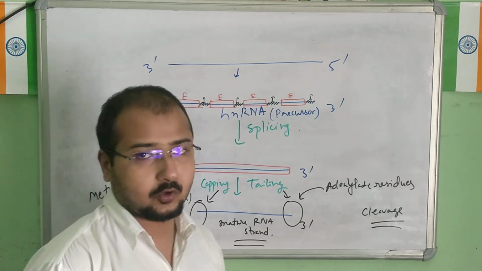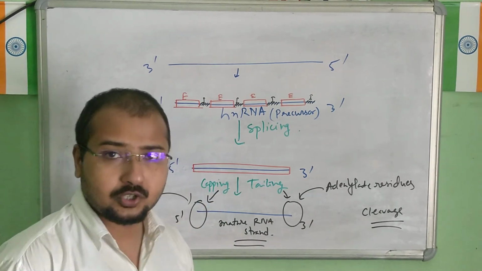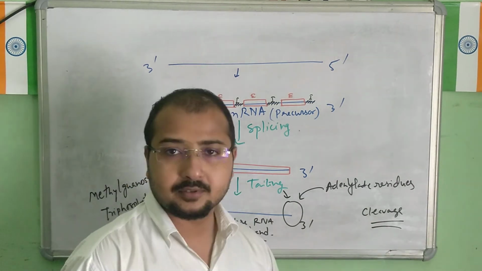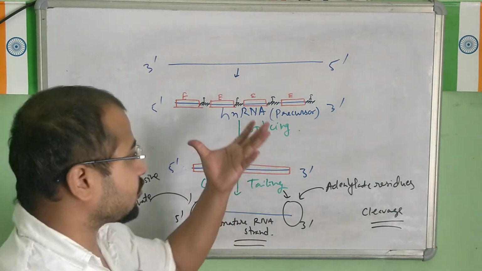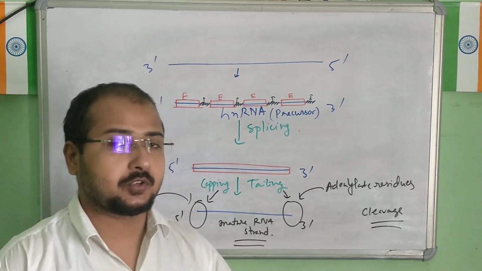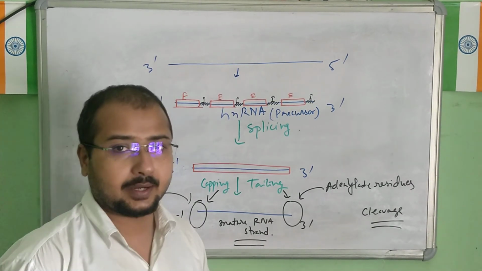So these are the post transcriptional mechanisms: splicing, capping, tailing mainly, and cleavage in some prokaryotes if the strand is too long. Okay, so this is what you have to add in the answer on eukaryotic transcription, this point at the end of the mechanism.